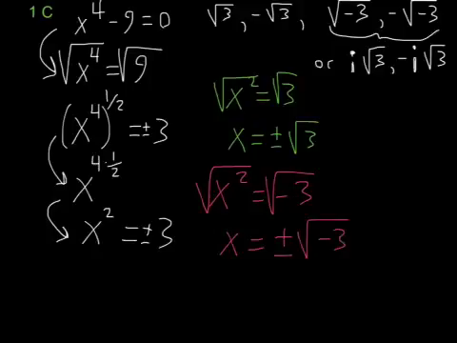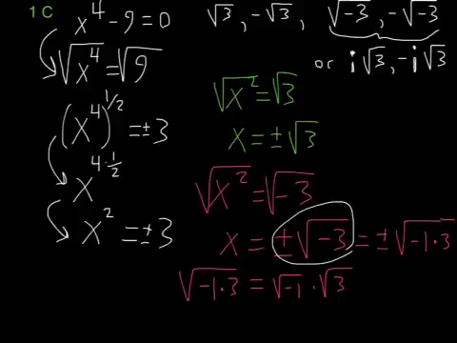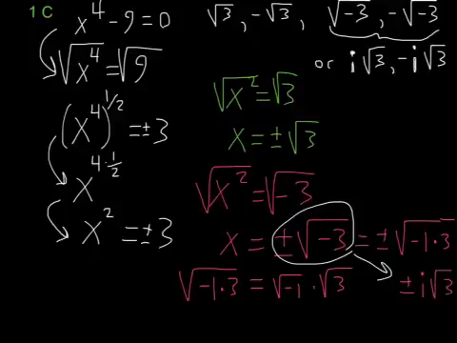We take the square root of both sides of this, and then x is equal to plus or minus root negative 3, and the other notation for that shows up this way, plus or minus root of -1 times 3, and root of -1 times 3 separates out into root -1 times root 3, and that means that this right here will become plus or minus i times root 3, and that's because i is the notation for square root of -1.